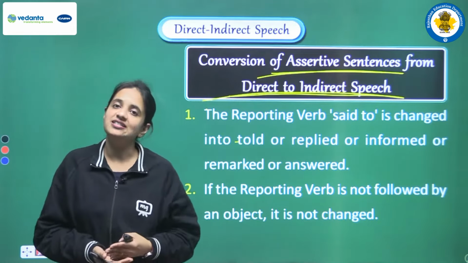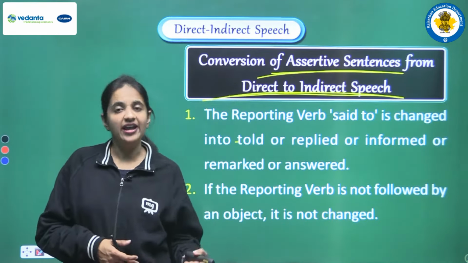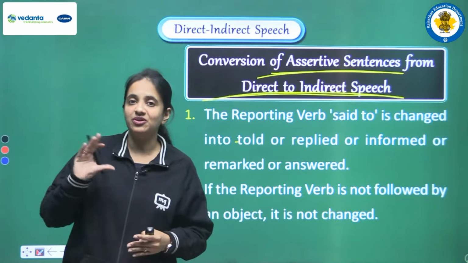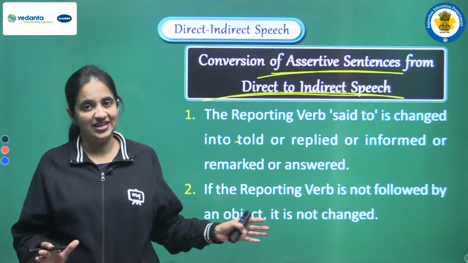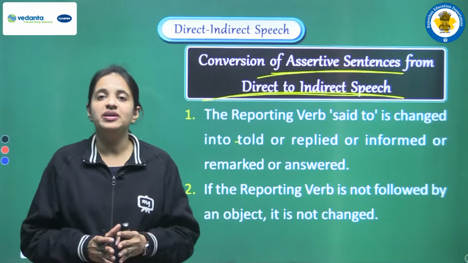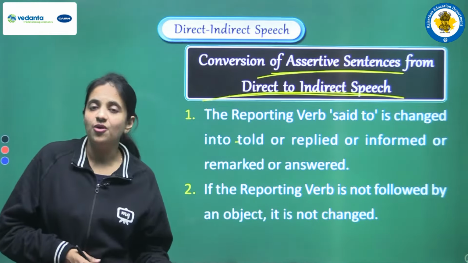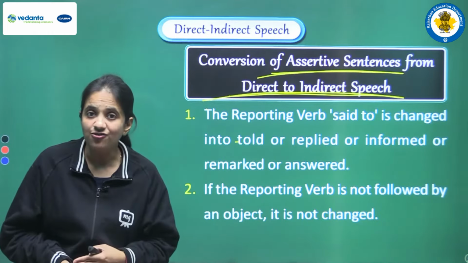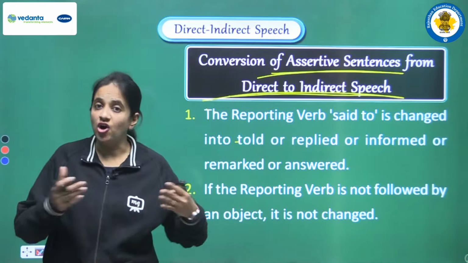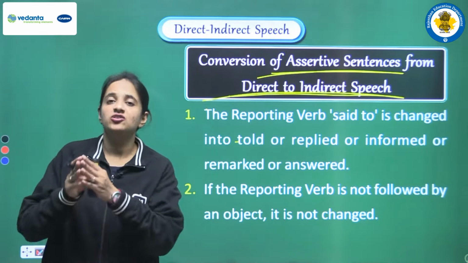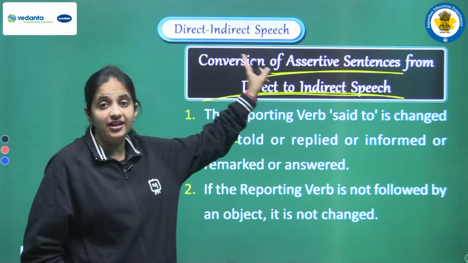The sentence will have no question, and no exclamatory mark at the end. Only a simple full stop will be there, and the sentence will be a simple statement. And yes, it can be in positive form and it can be in negative form also. The sentence can have not in it, or it can be a simple positive sentence. These sentences are known as assertive sentences.